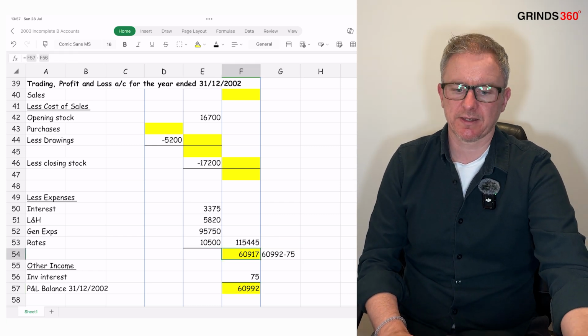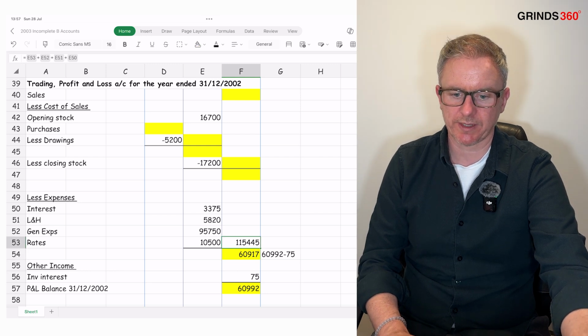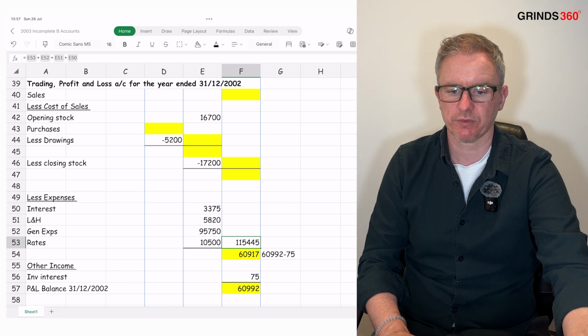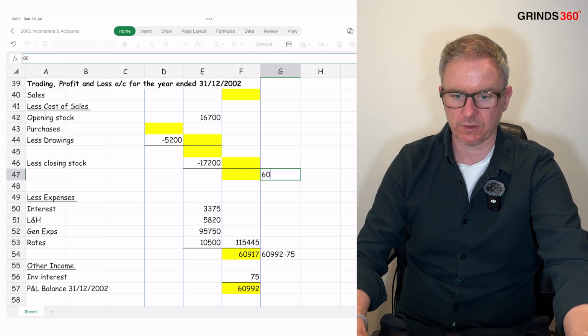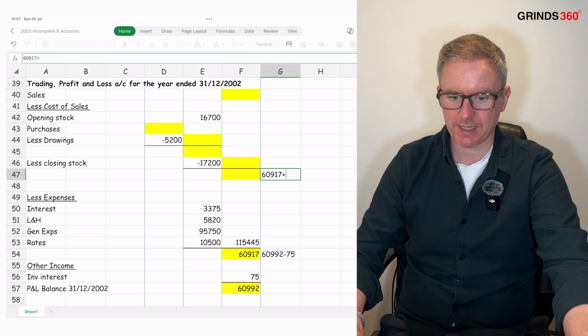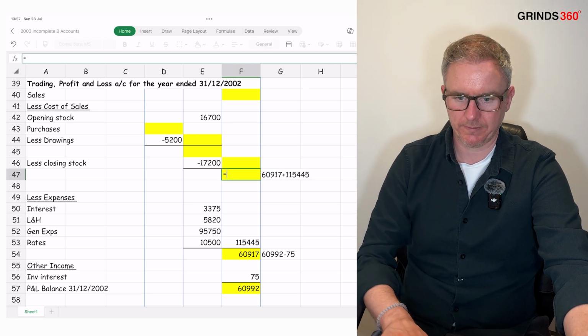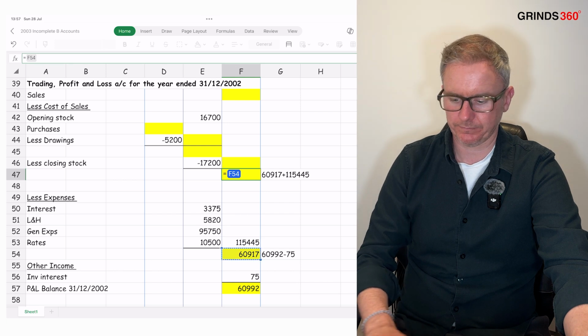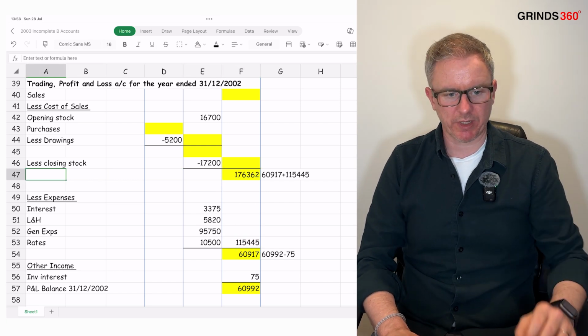How did I get to that 60,917? I got to it after I subtracted the full expenses of 115,447. So I'm reversing that. 60917, add back on the 115,445. So that's my gross profit.